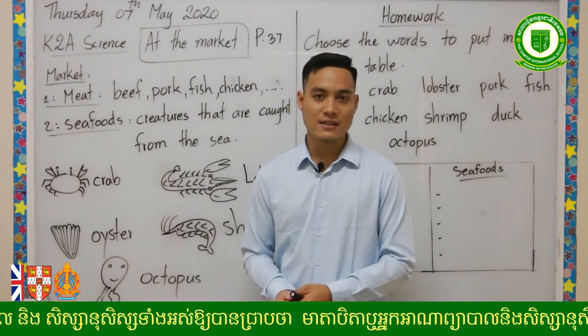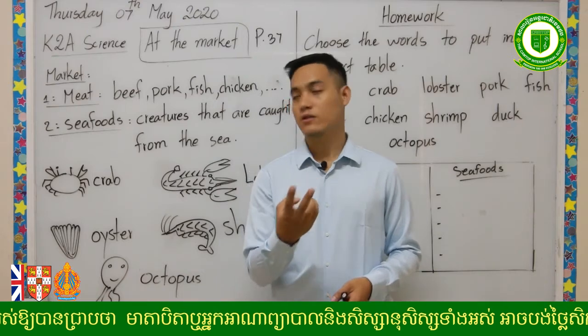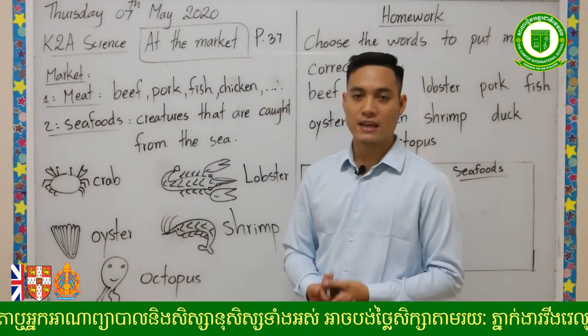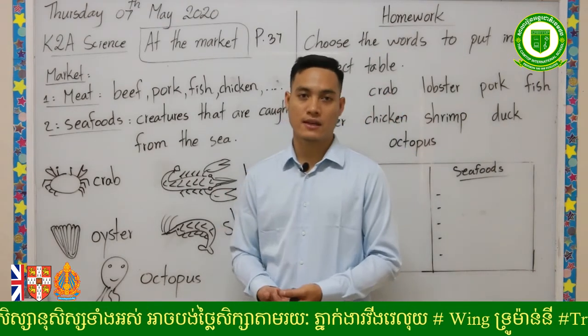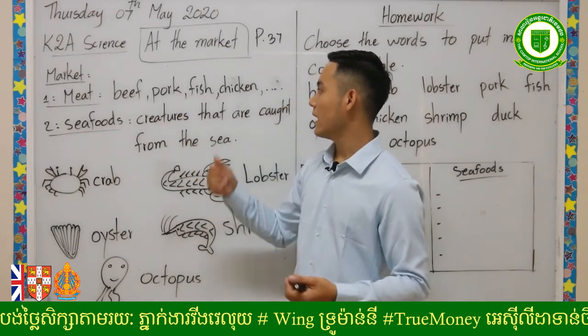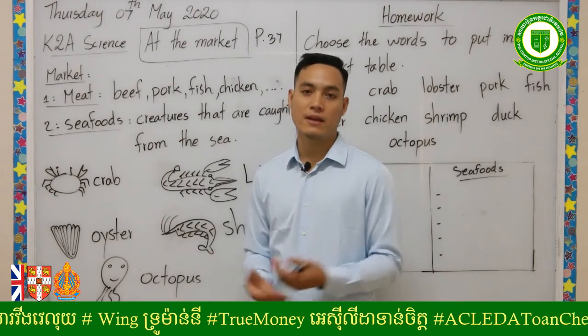But what you have learned, you learned about 2. First, you learned about meat. You can buy meat at the market, and there are different types of meat that you can buy, like beef, pork, fish, chicken, duck, and any other meat.